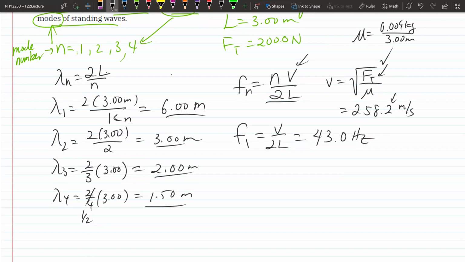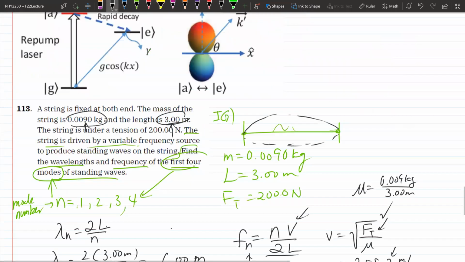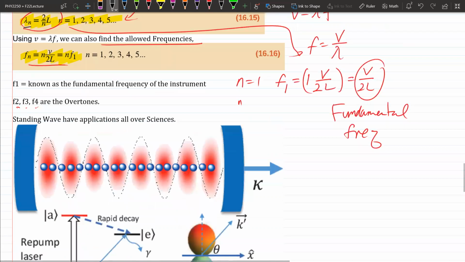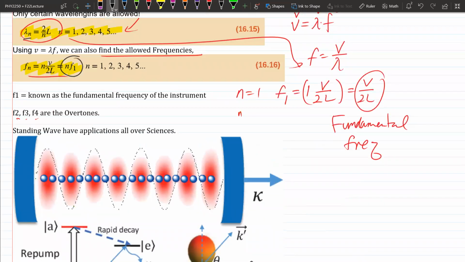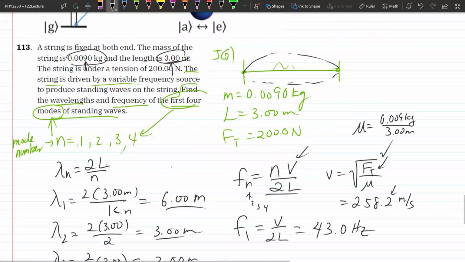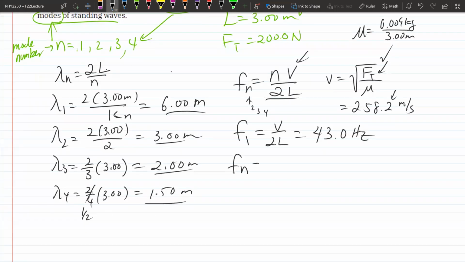You can plug into this formula for 2, 3, and 4. Another way to calculate this is that all the other frequencies are related to the first one, where f sub n is n times the fundamental frequency.